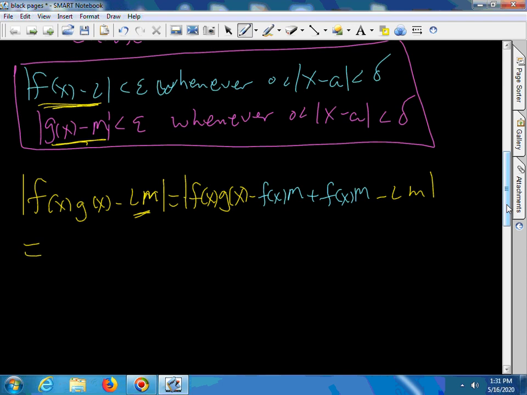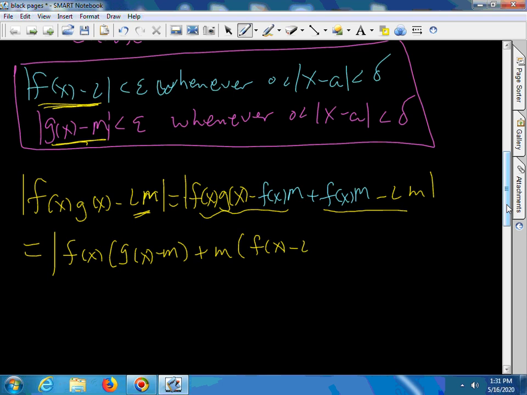Now let's do what I said we were going to do. First, from here, we'll factor out f of x, and we get g of x minus M. That looks real good. Oh, look at this. Over here, when I factor out an M, I get f of x minus L. Looking very good.